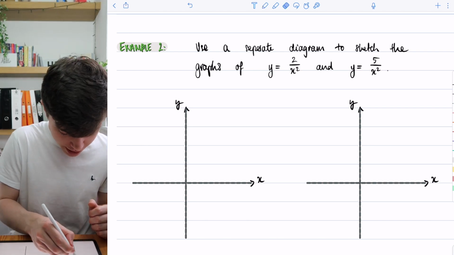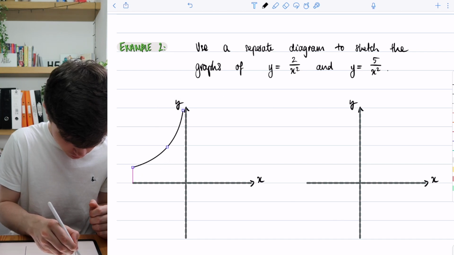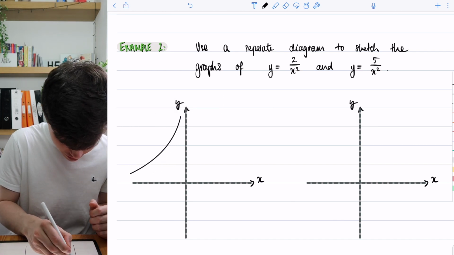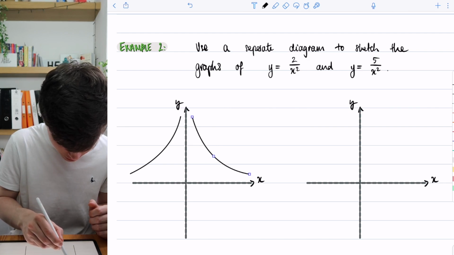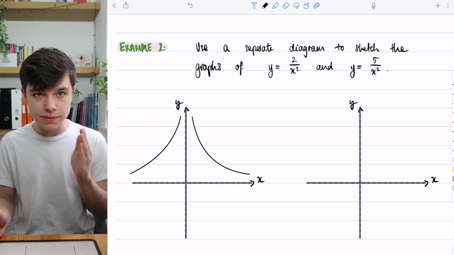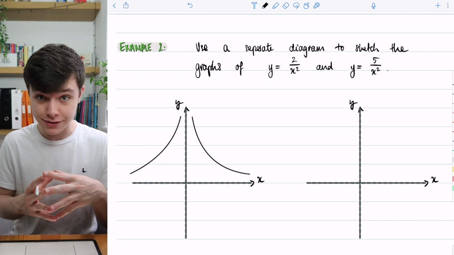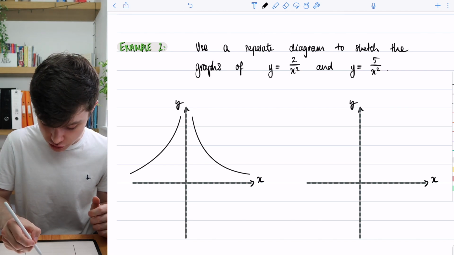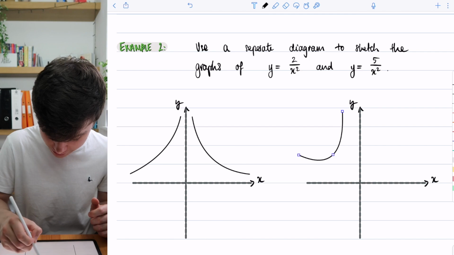And 2 over x squared is going to look like this. There and there. Looking quite symmetrical. Not the best when you're just doing a quick sketch, but as long as the shape is there. And then 5 over x squared, well, it's greater than 2 over x squared, so it's just going to be a little bit more like this.